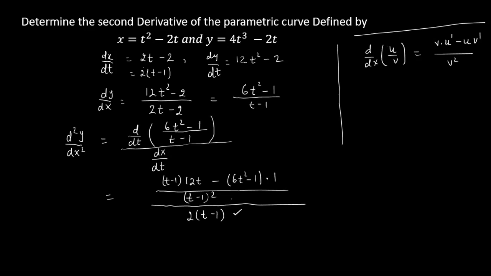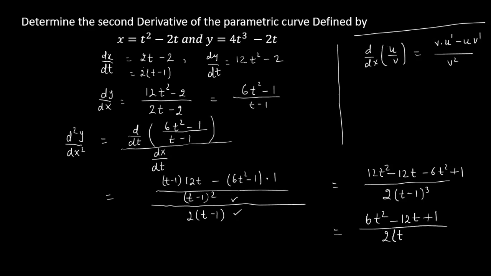Once we multiply these two terms, the denominator becomes 2 times t minus 1 cube, and our numerator becomes 12t into t, which is 12t square, minus 12t, minus 6t square plus 1. We can easily simplify this. After simplifying, we get 6t square minus 12t plus 1 divided by 2 times t minus 1 cube. So basically, this is the second derivative of the given parametric equation.